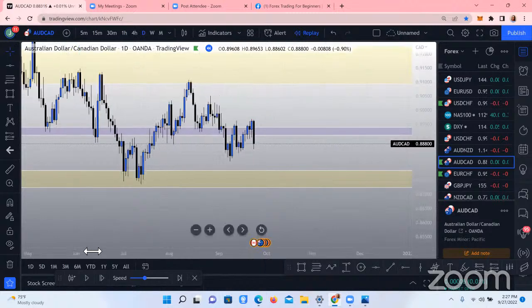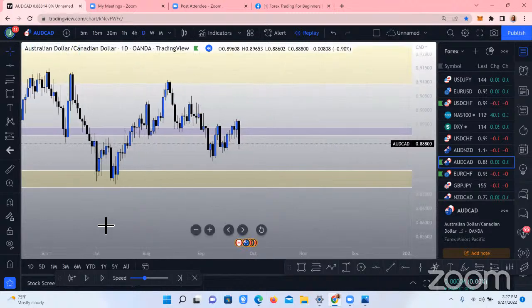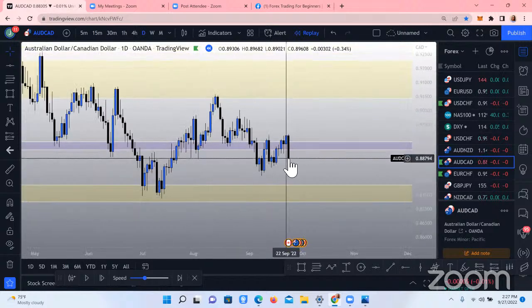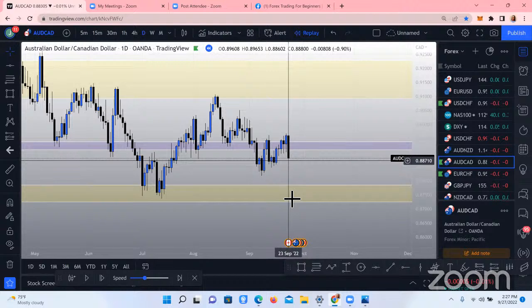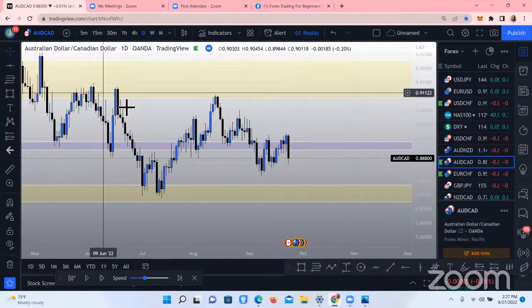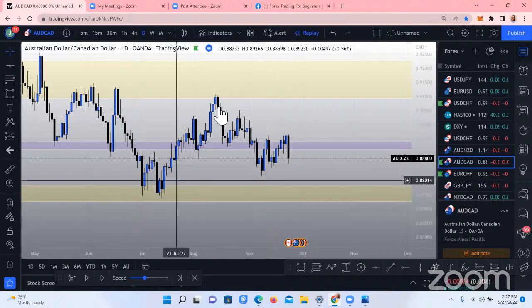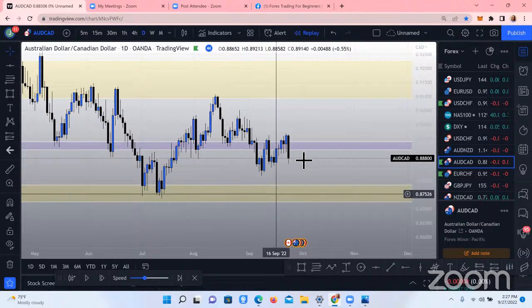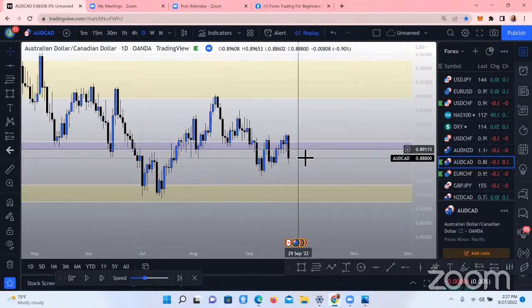We always want to see where price is. We know for a fact price is right here, so where is the next area we can expect price to go? We can expect price to go down here. We've seen price go up, down, up, so we assume it's going to go down.